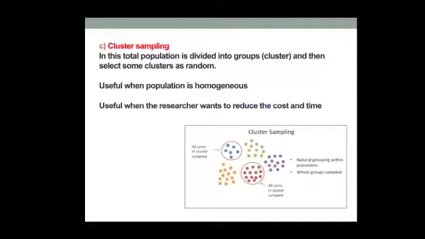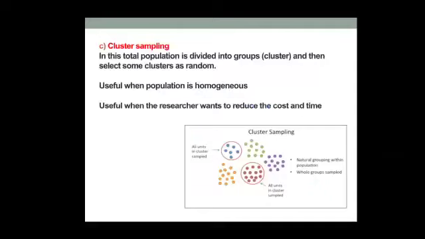In stratified random sampling, not some strata are studied. Units are selected from every strata randomly. Here, some clusters are randomly selected. That's the difference.